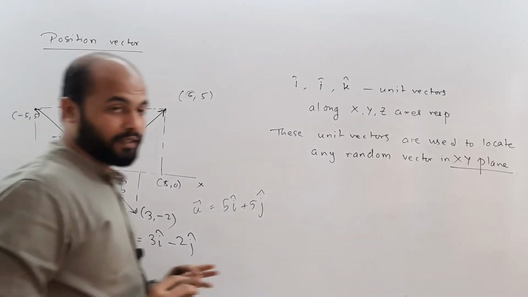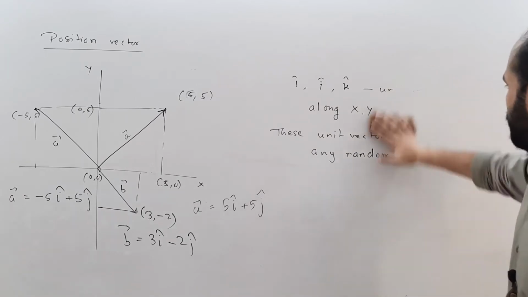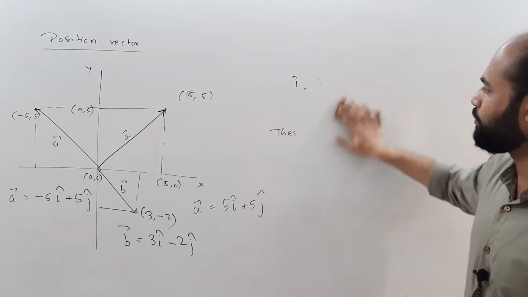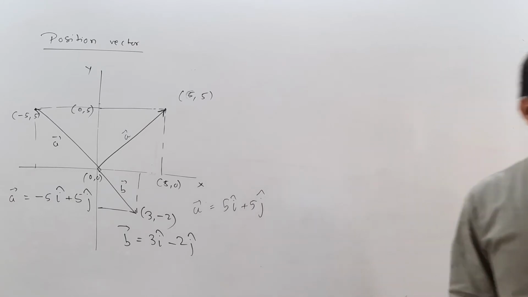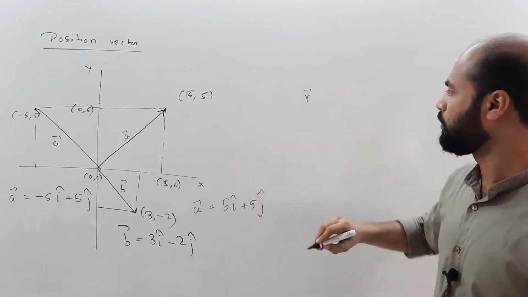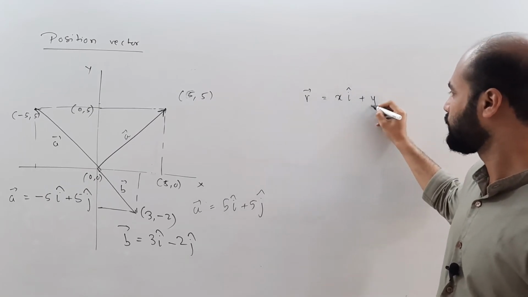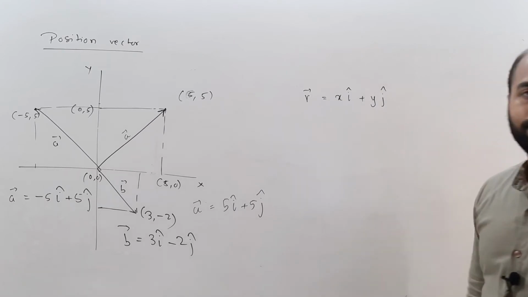So if I am to generalize this case and I want to write any particular point in the xy plane, then we can write it as r bar equals x i cap plus y j cap.